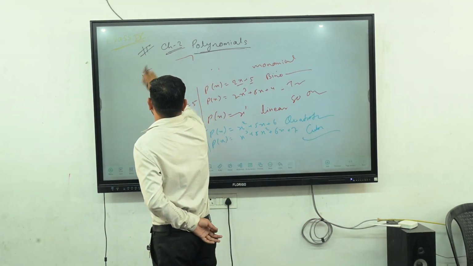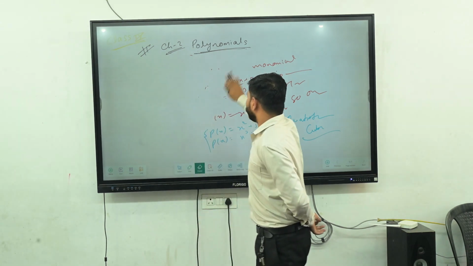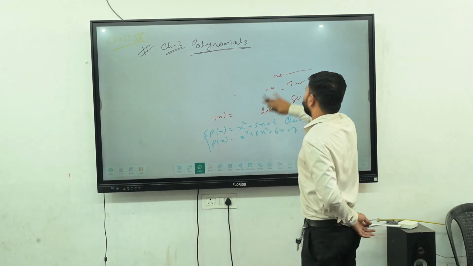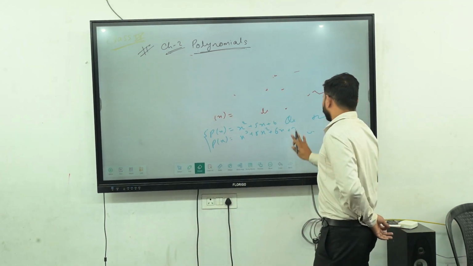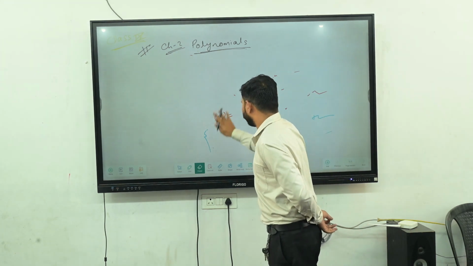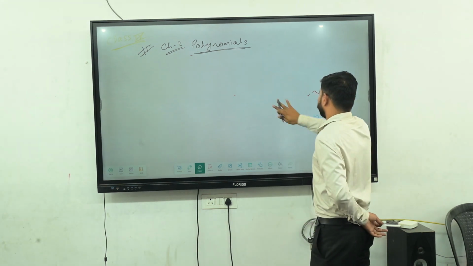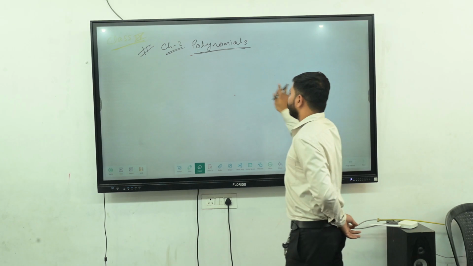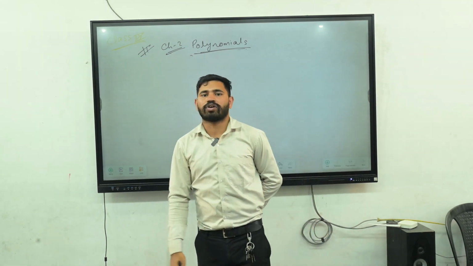Next, we see that in a polynomial, the power of the variables must be a whole number. If there is a number other than a whole number, then it is not a polynomial.